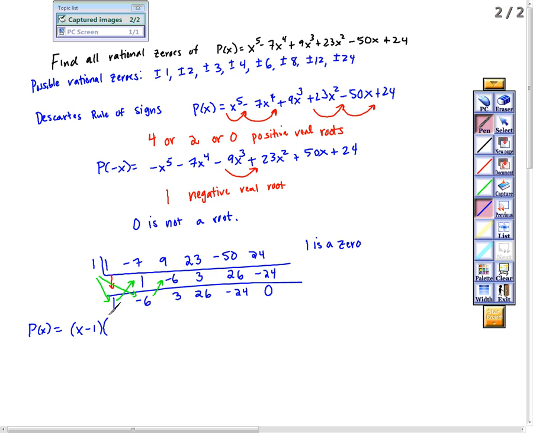This is x to the 4th. These are the coefficients starting with x to the 4th and counting down. So this is x to the 4th minus 6x cubed plus 3x squared plus 26x minus 24. So far so good? Okay. And I'm just going to scroll down just a minute.